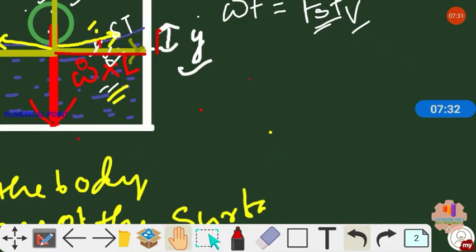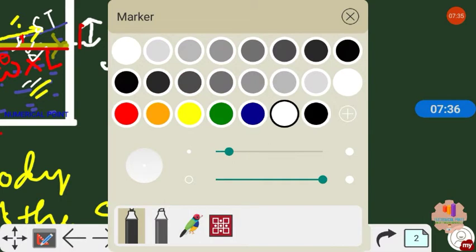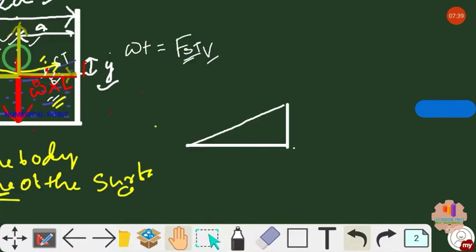Now if we make a triangle here, this is y, this is y, so here also this is y, and this distance is a, so here also this distance is a. So let's suppose this is the angle, that is theta.